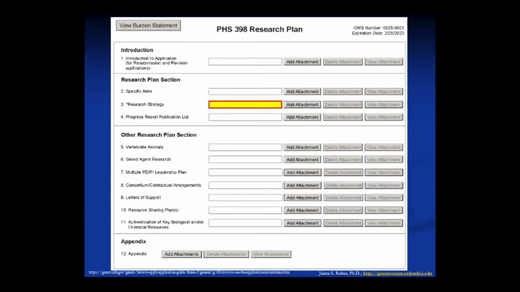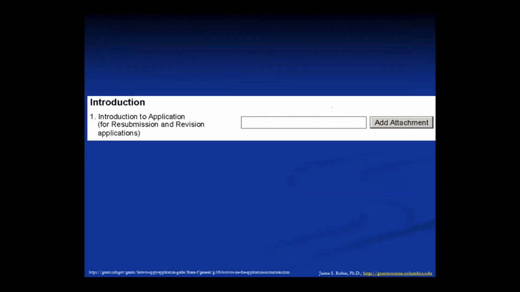The research plan. So this is a very important part. I'm going to go through these sections. So first of all, the introduction is where you would respond to the reviewer's comments with your amended application if you didn't get funded the first time, this one-page introduction. Now, if it's the initial application, your first try, there is no introduction.